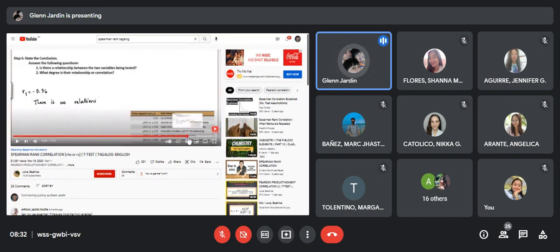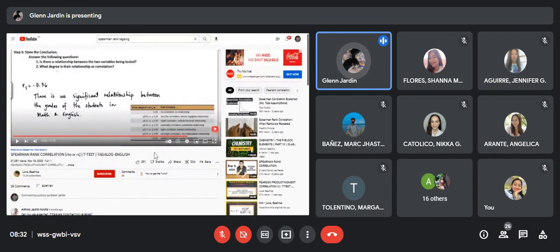Since mas maliit ang ating t-value computed than the critical, you can say in conclusion, there is no significant relationship between the grades in math and English. Okay? Mas madali ito class comparing it sa Pearson, mas madaming computing, mas matataas yung value ng kukumpute nyo.